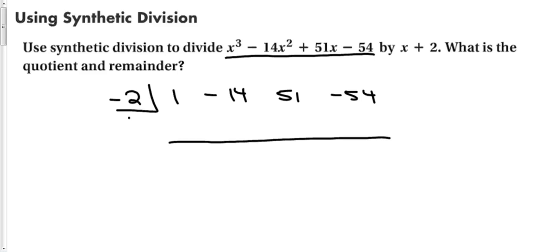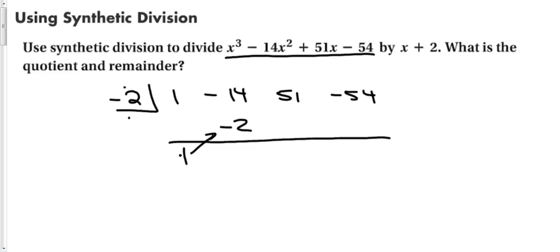Once we have this set up, the first step is to bring down this 1 to the bottom. The next step is to multiply the coefficient by the divisor. So we're going to take this 1 and multiply it by -2, which is going to give me a -2. And it goes sort of one level over. So we multiply, and then I put my answer up and to the right.